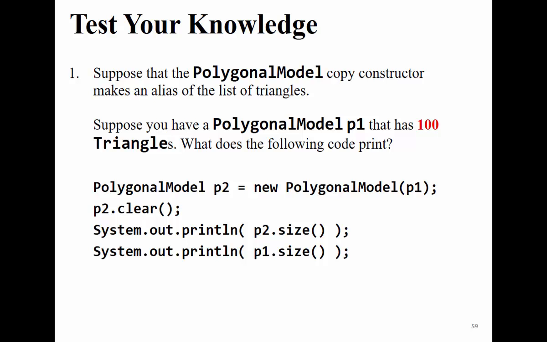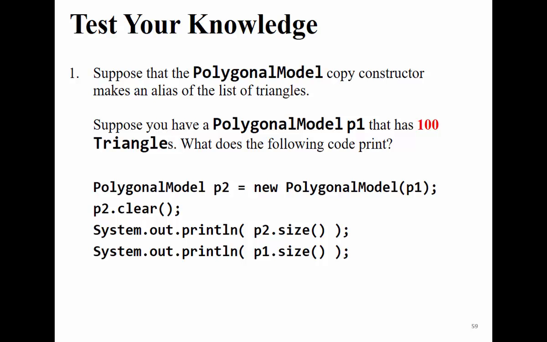The first polygon model P1 has 100 triangles inside the array list. Now we create P2 using a copy constructor doing aliasing. That means P1 and P2 have the same array list. They see the same array list. One array list exists inside this application, and it's shared between P1 and P2.